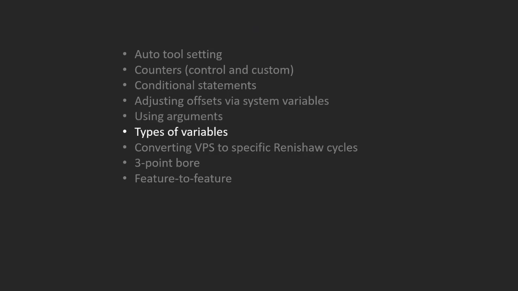We looked at types of variables. We were looking at local variables, which are those arguments, and we looked at global variables and system variables. And I guess I want to point out here is that system variables are what the machine is using, and the global and the local are ones that we are using to control the machine.